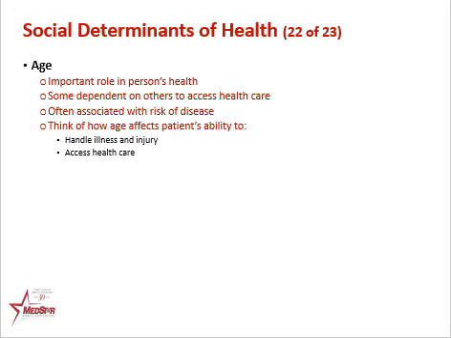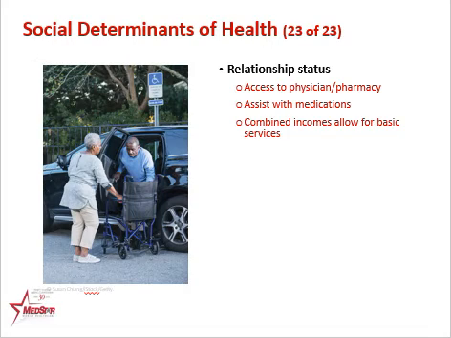So age is often associated with increased risk of disease. Infants, young children, and older adults are at higher risk for infectious diseases, and this is why each year these groups are encouraged to receive vaccinations for certain diseases. As a community health paramedic, keep in mind how age affects your patient's ability to handle illness or injury and access to necessary health care.